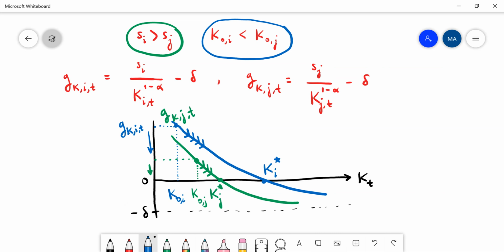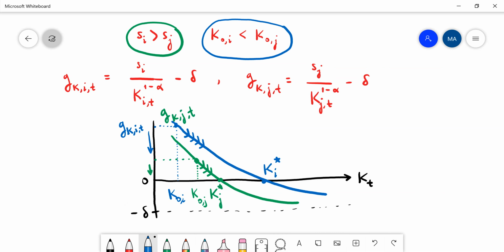But in the meantime, what do I observe? I observe differences in growth rates. I observe differences in long-run income levels.